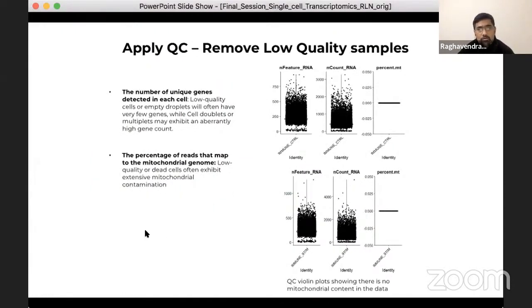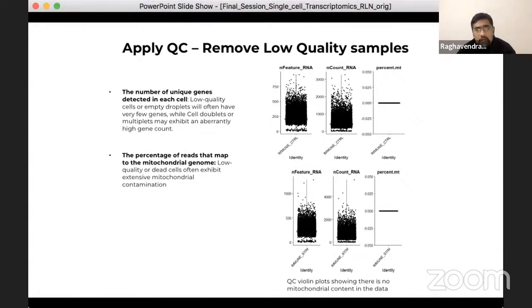So to select only good quality cells, one has to keep some considerations in mind. One important consideration would be the number of unique genes detected in each cell. Low quality cells or empty droplets will often have very few genes, so filtering based on the number of unique genes will become an important filter step.